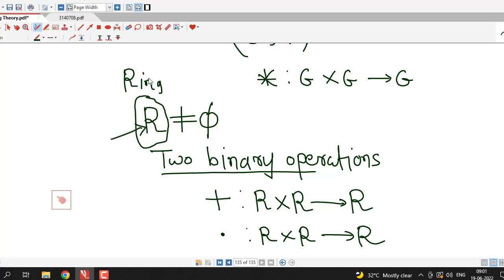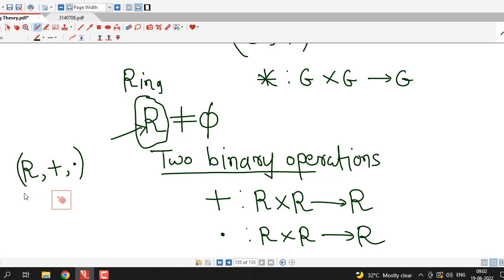So if our set R with two binary operations denoted by plus and this juxtaposition satisfies certain properties, then this algebraic structure R with two operations plus and dot is called a ring.